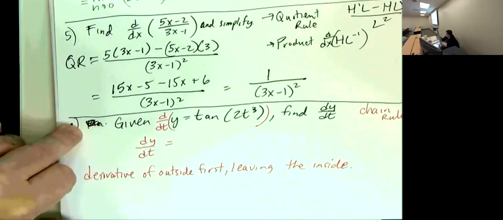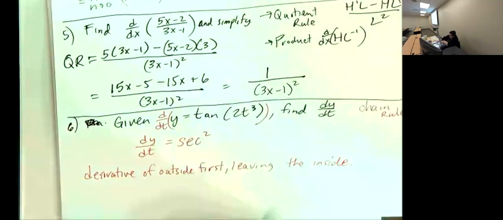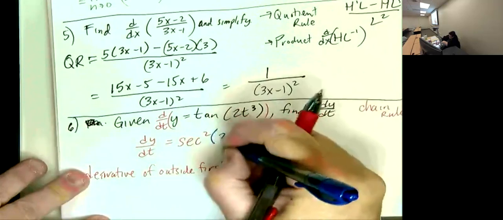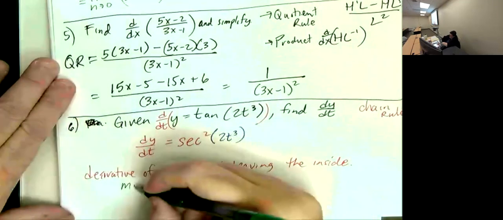What's the derivative of tangent? Secant squared. We are going to leave the inside alone. Now multiply by the derivative of the inside.